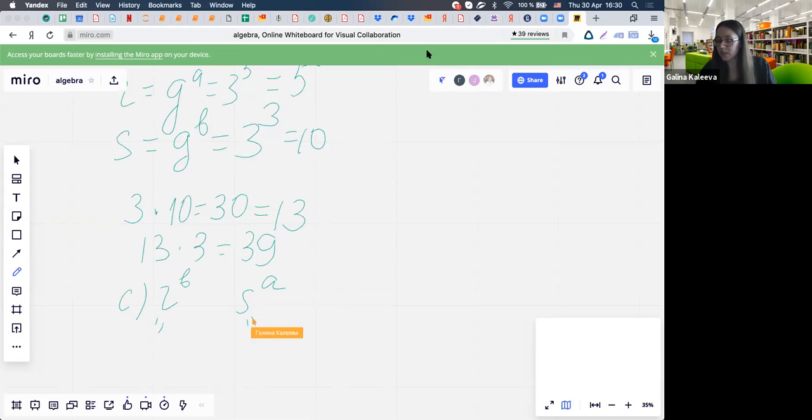So let me help you. Knowing that we already found R, which is 5, let's take 5 and raise it to the third power. To the second power, it's 25, and it's 8 modulo 17.